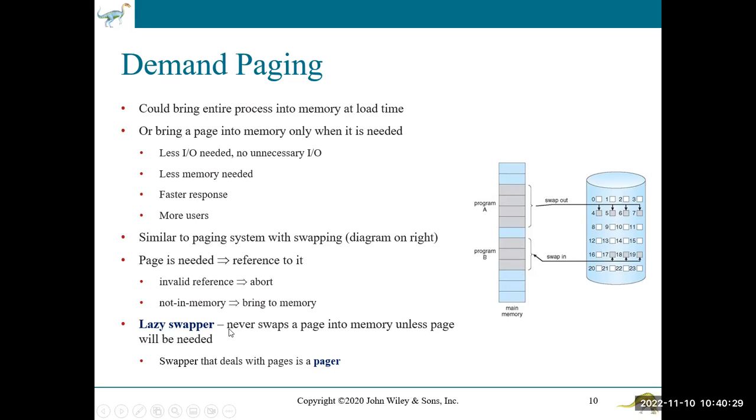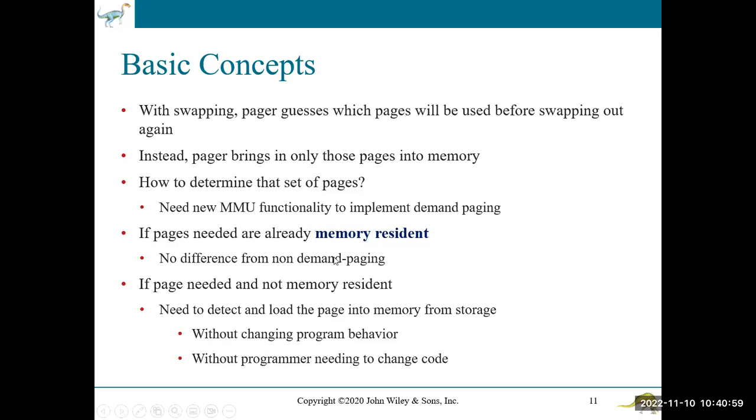Otherwise, the lazy swapper doesn't request that code and memory page. A swapper that deals with pages is called a pager. So that's a basic definition. So you could say that a lazy swapper is a lazy pager. Are there any questions about this? No questions. Okay.